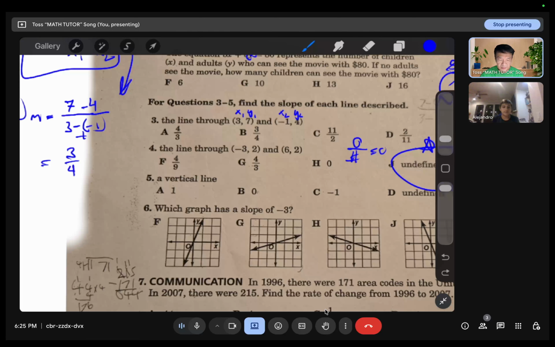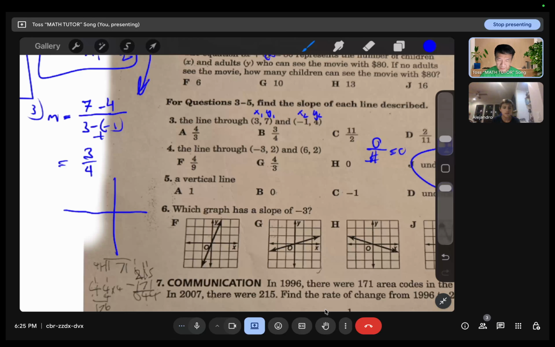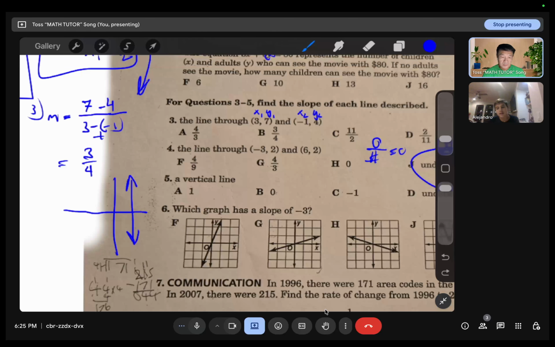What did you put, D? How do you know it's undefined? A vertical line, like that or like this? It's correct, by the way, but how do you know?